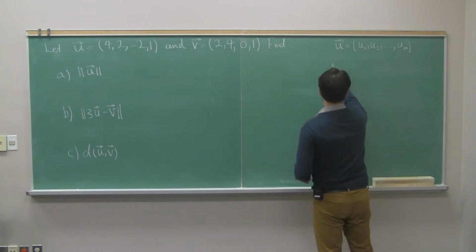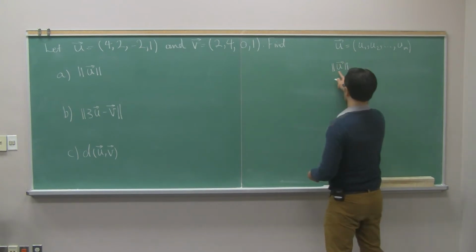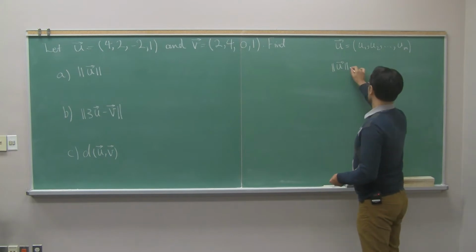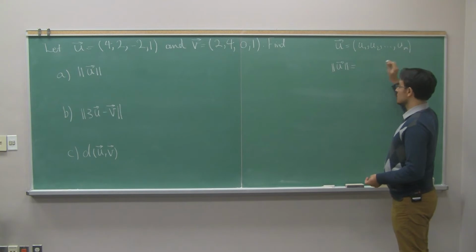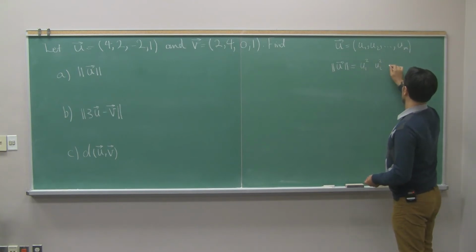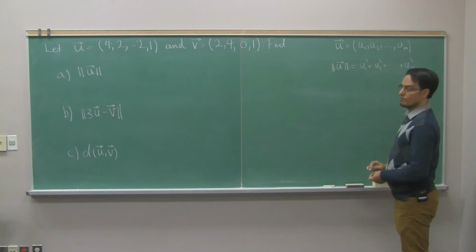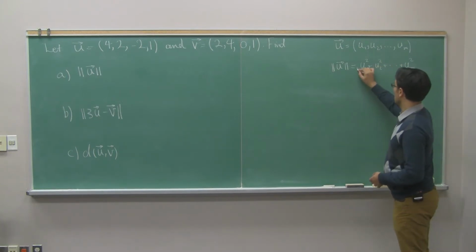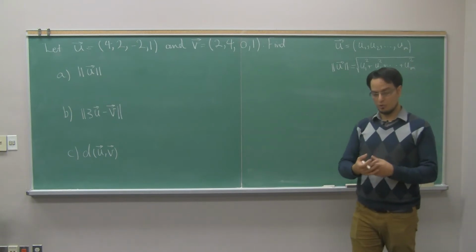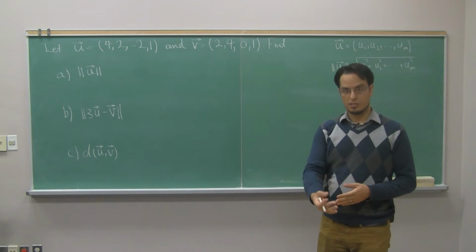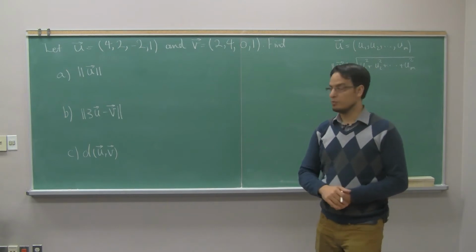Then the length of u, which is how we denote it, is equal to: square each component. So I square the first component, second component, and mth component, and add all these numbers. You're not done. You have to find the square root of that number. So square the components, add them, find the square root.